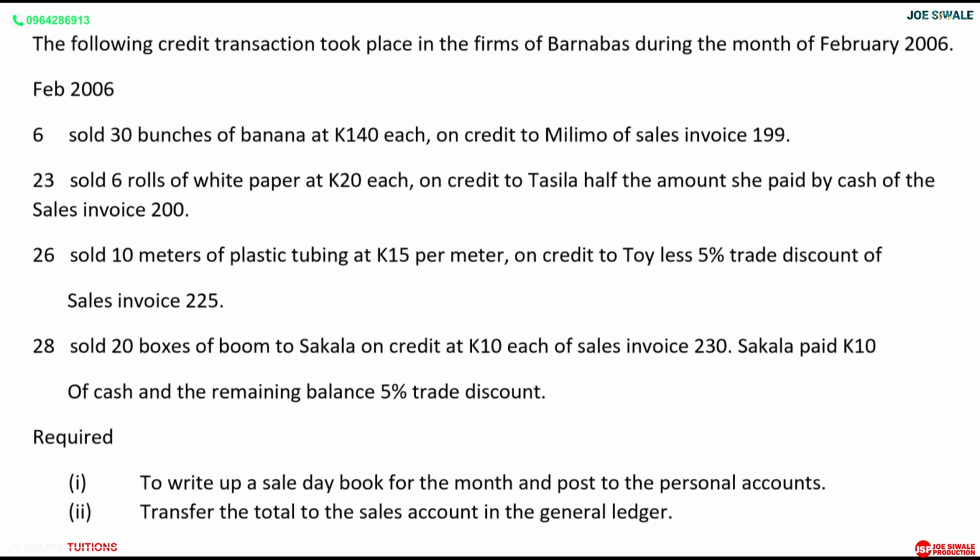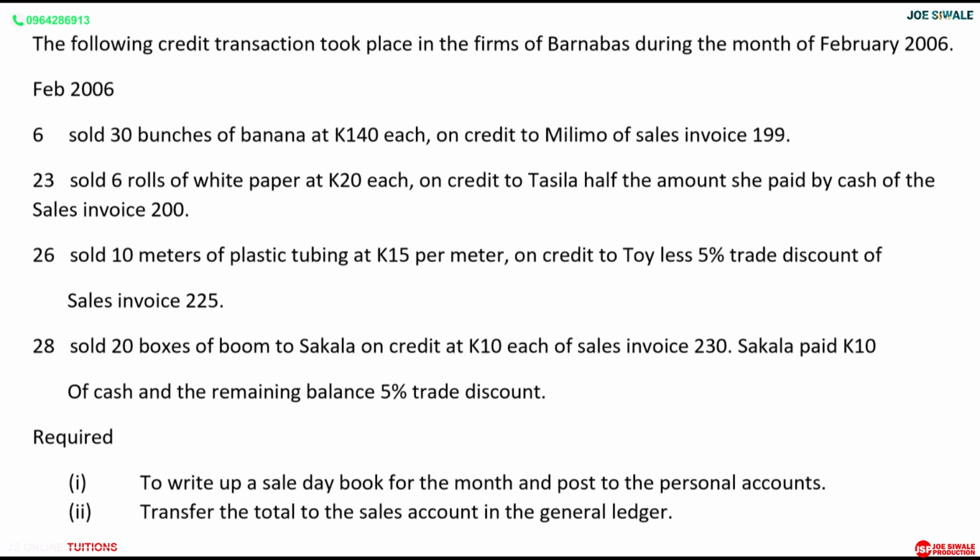Sakala paid 10 kwacha in cash and the remaining balance had a 5% trade discount. You are required, one, to write up a sales day book for the month and post to the personal accounts. Two, transfer the total to the sales account in the general ledger.